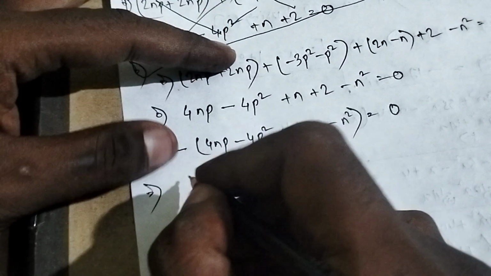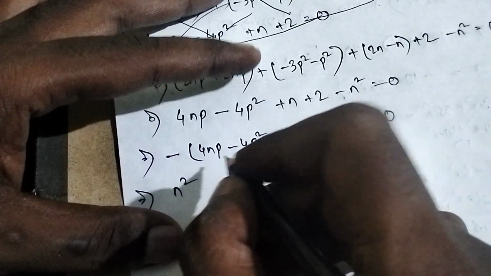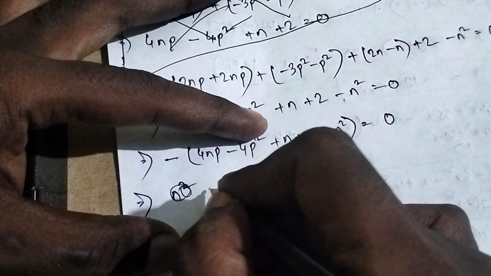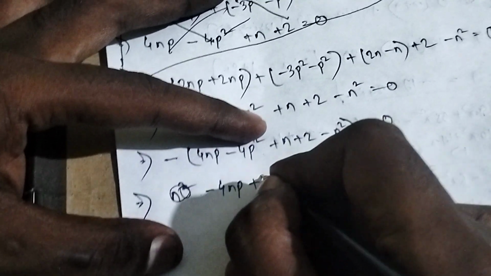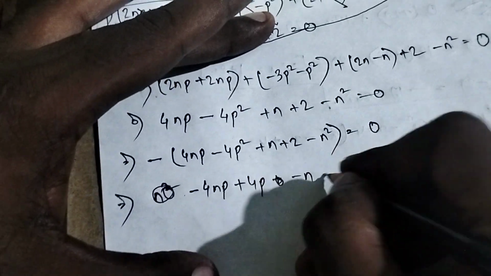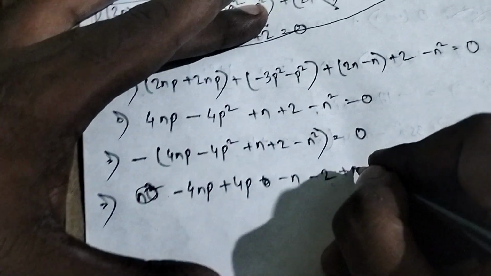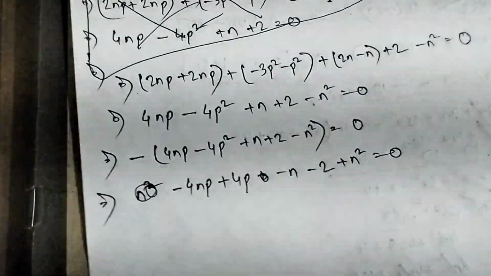So now it would be n square, it would be minus 4np plus 4p square minus n minus 2 plus n square is equal to 0, right?